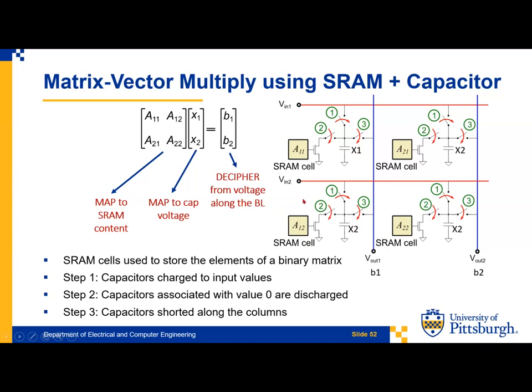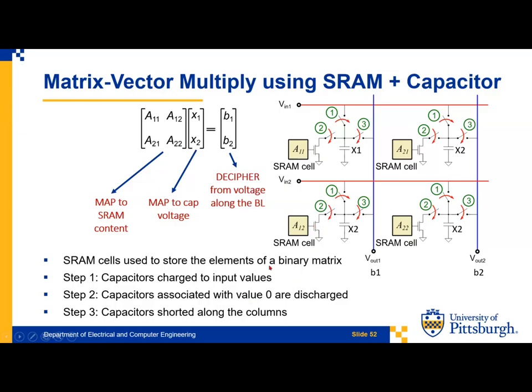The first step is that the capacitor charges to the input value. It means this circuit is connected and turned on, and the voltage will charge the capacitor. And step two, here is turned on. If the SRAM cell is zero, this line is the bit line bar connected to the MOS.